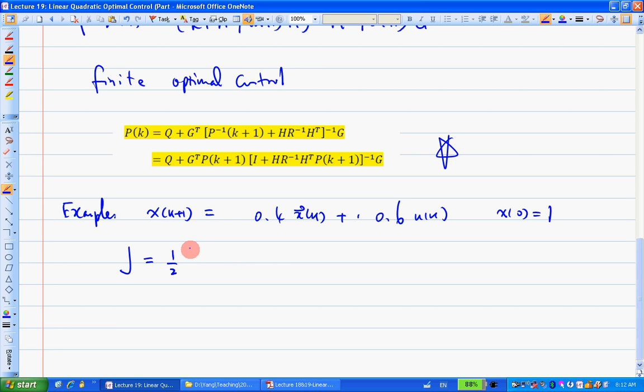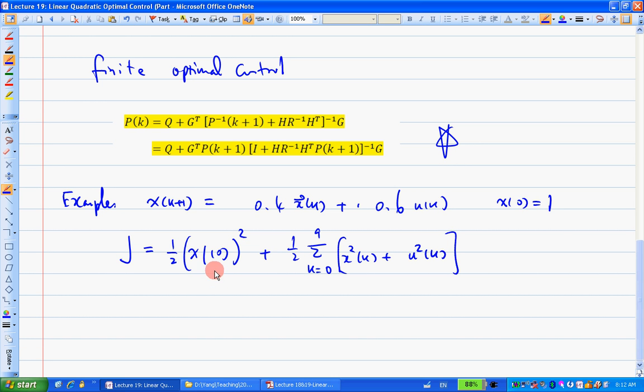So the performance index J is x of 10 squared plus 1/2 the sum from k equal to 0 to 9 of x squared of k plus u squared of k. Okay, so let's go over the process here and see what happens.